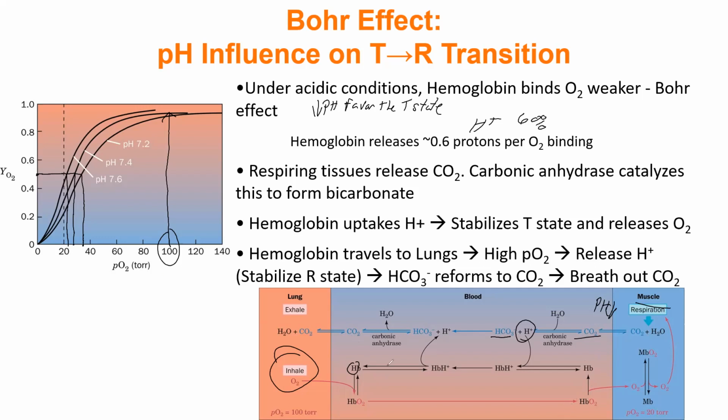So thanks to the Bohr effect, when you're actively using your muscles, you also increase the amount of oxygen that is being delivered to your muscles. At the same time, you are getting rid of the carbon dioxide waste product, thanks in part to hemoglobin carrying that proton to the lungs to help reform carbon dioxide, and you breathe it out.